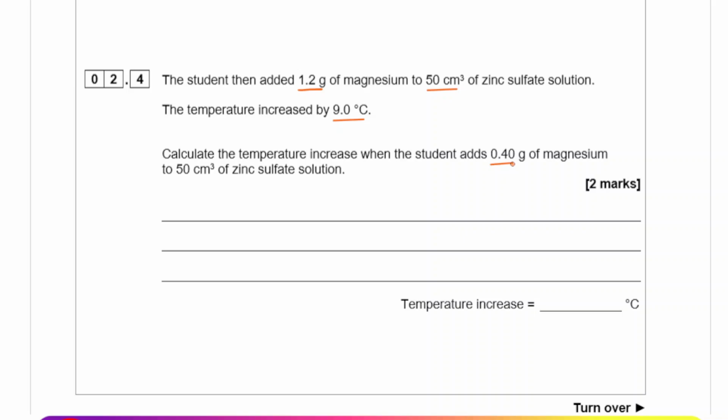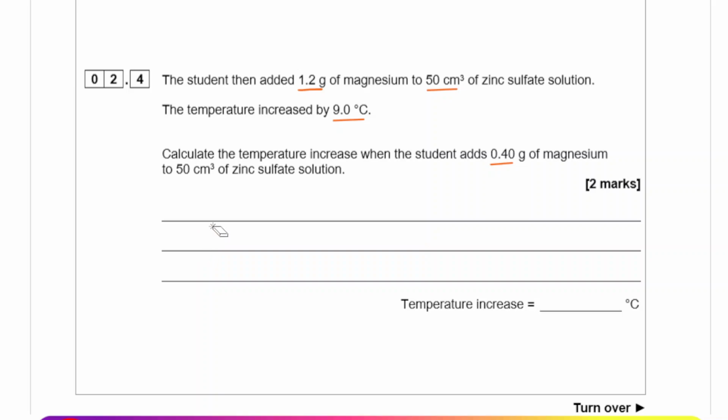Okay, so if I divide 9 degrees by 1.2, then multiply by... actually, let's do it the original way, that way it's easier.